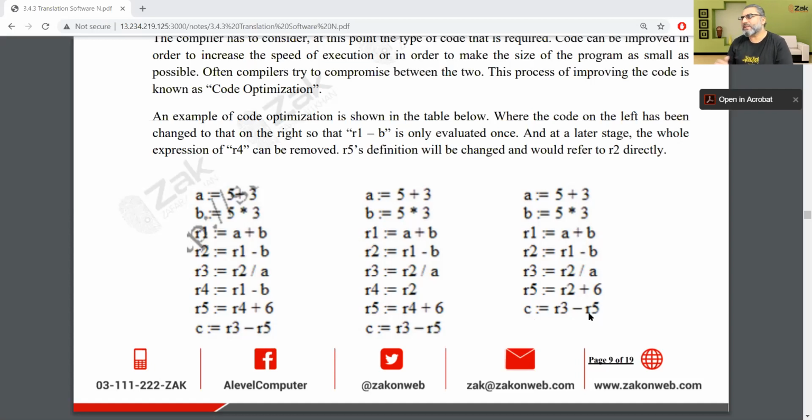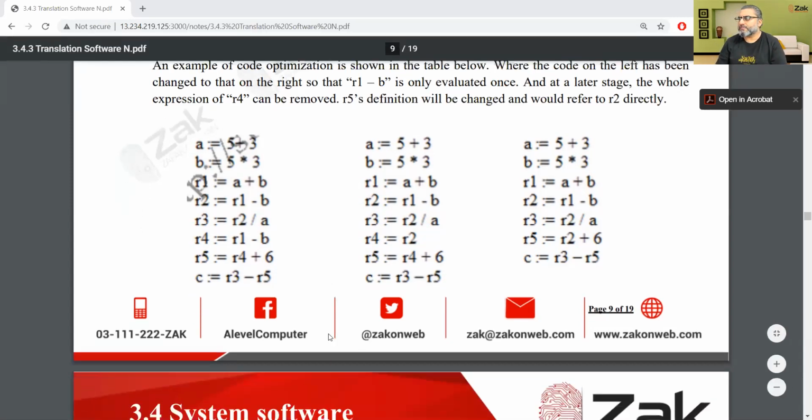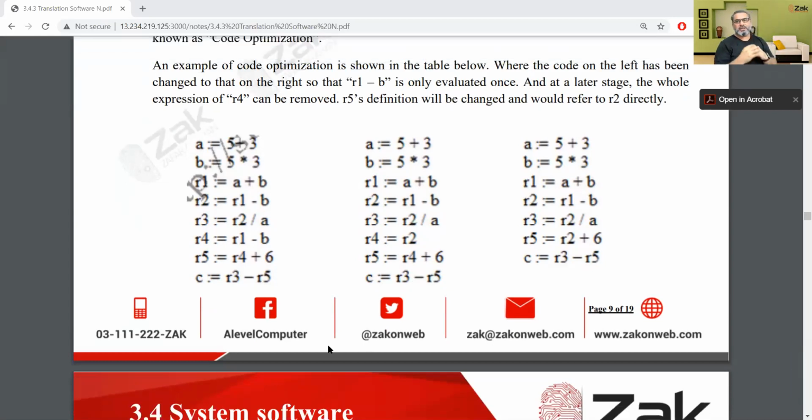All right, so such challenges may appear in exam at any given time. So you just be mindful about it. So what is optimization? Optimization is about finding the balance between the size of the code and the time of execution. I told you what were the factors for code optimizations.